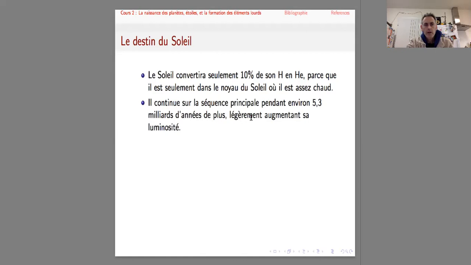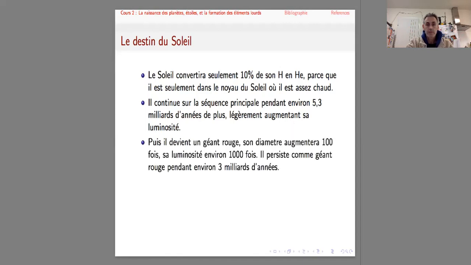It will continue its life on the main sequence for another 5 billion years, and remember, its luminosity gradually goes up as we explained earlier, as the density increases with the increase in the helium levels.